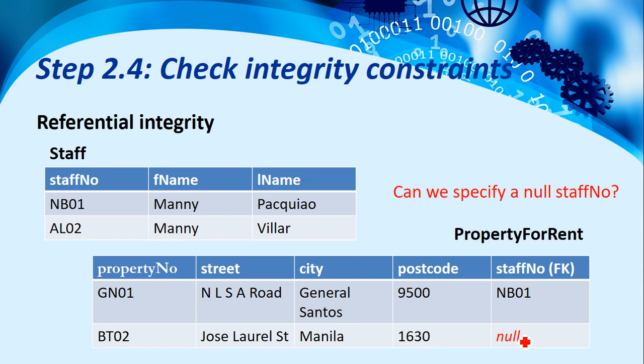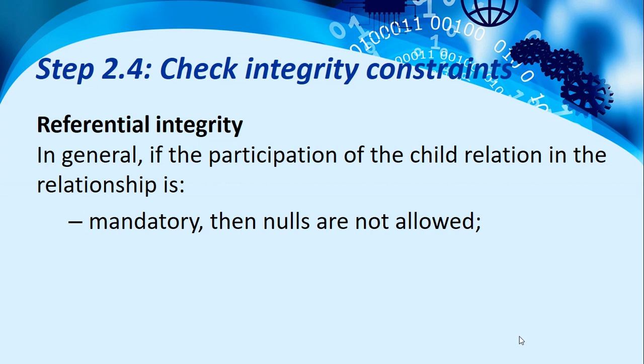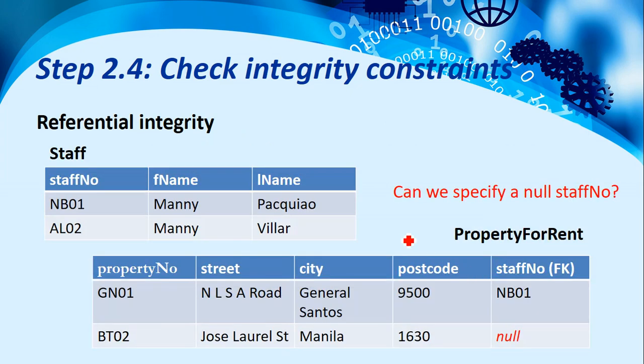So the issue is not whether the staff number exists, but whether a staff number must be specified. So in general, if the participation of the child relationship is mandatory, let's say since this one is the child, kasi pag child entity, automatic yung child may foreign key yan. Matic na yan pag isang table or certain relation has a foreign key. Therefore this is the child entity, and this one is a parent entity, itong staff.